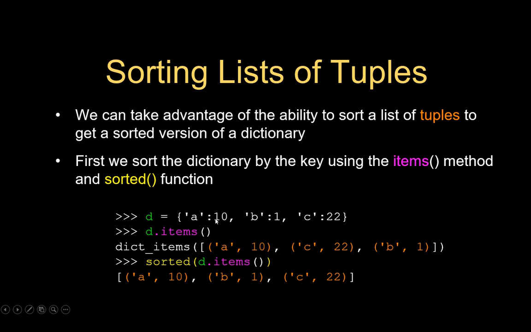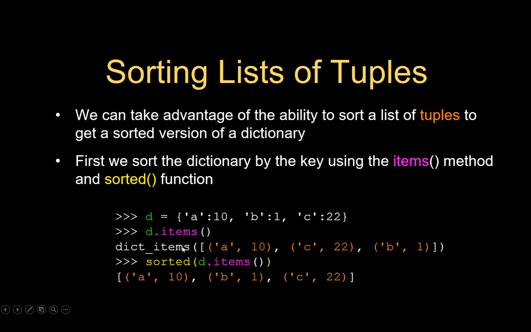The key A has value 10, key B has value 1, key C has value 22. Now we use the items method to get a list. This is a list of tuples that represents that dictionary.